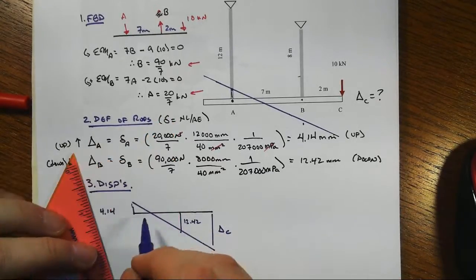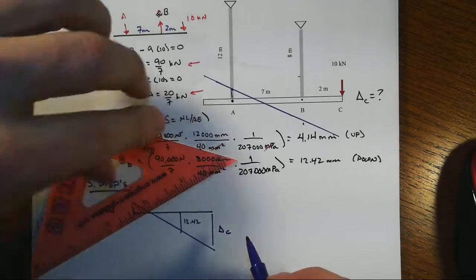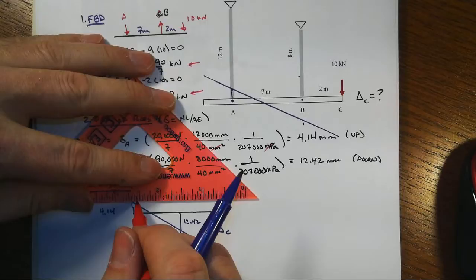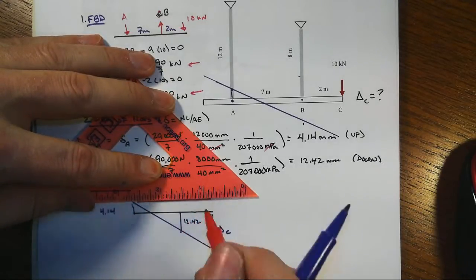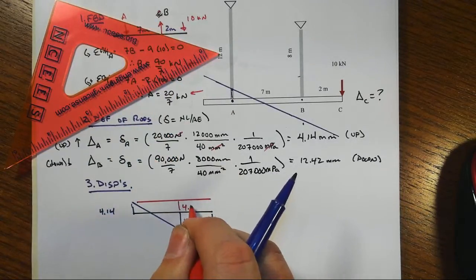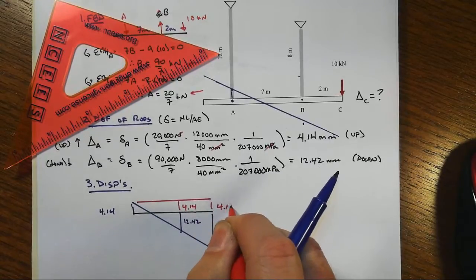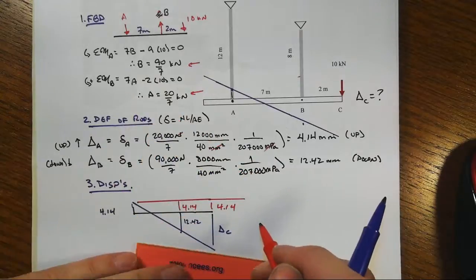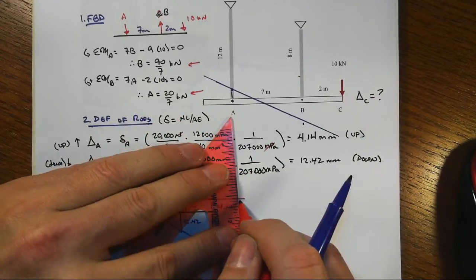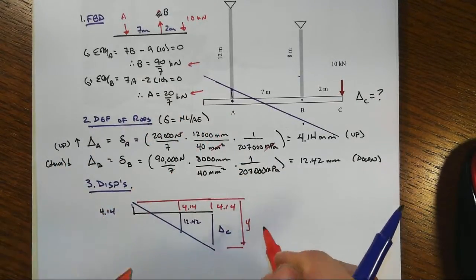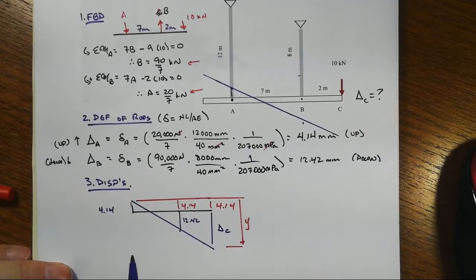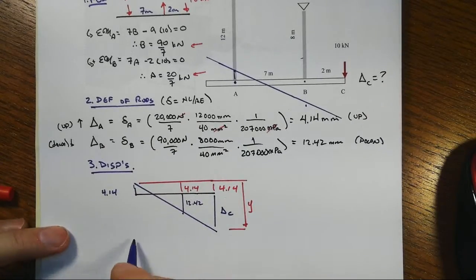It is similar triangles. We don't know where the pivot point is. One easy way to do this is to create a new baseline that's 4.14 above what the original was. And so by similar triangles now, I can get this value y, and then all I have to do is subtract off the 4.14, the rigid body translation that we did to get to what we wanted.